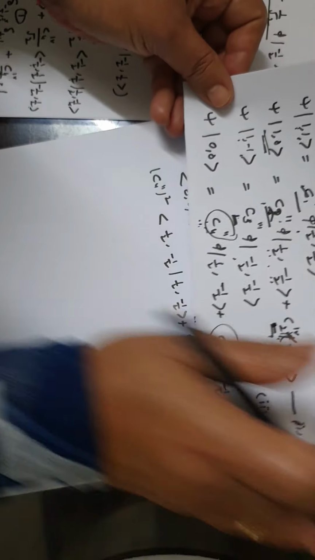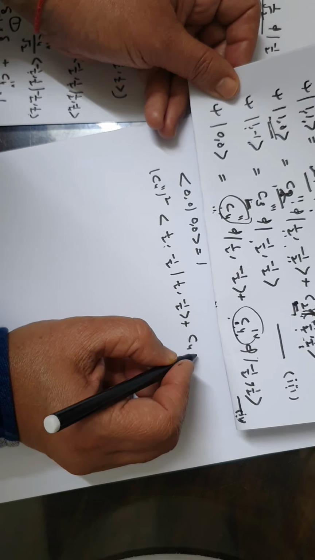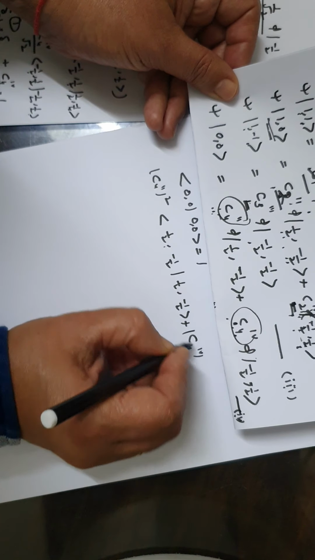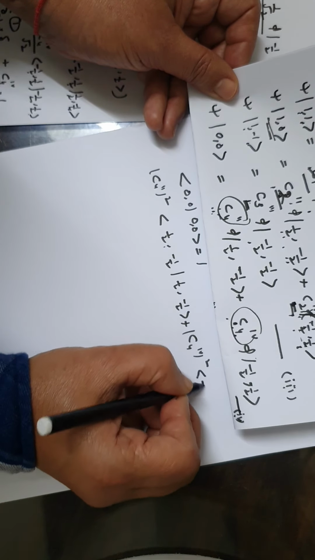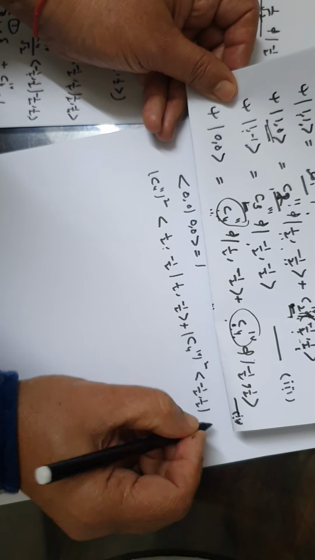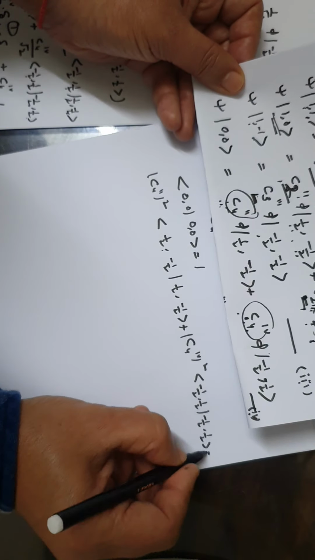We had only these two: 1 by 2 minus 1 by 2, and C4 4 times modulus square inner product of minus 1 by 2 with 1 by 2 minus 1 by 2 and 1 by 2. This is equal to 1.